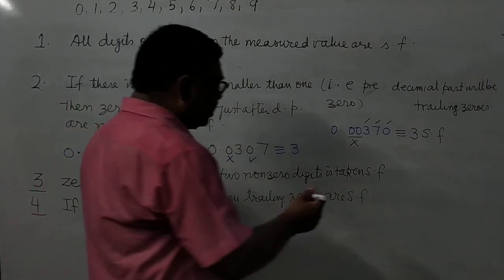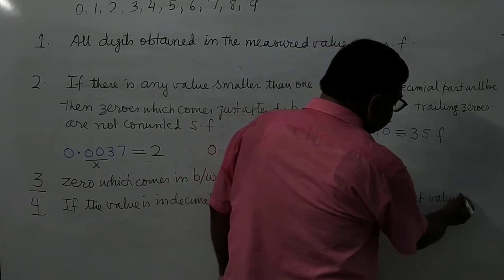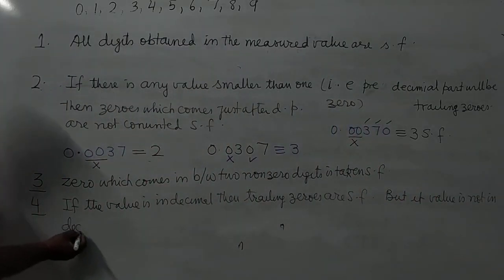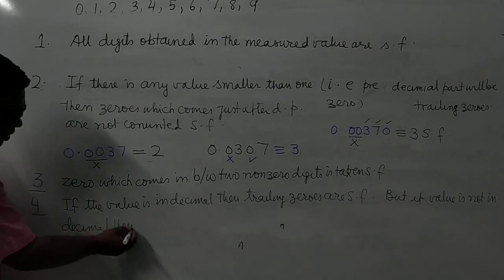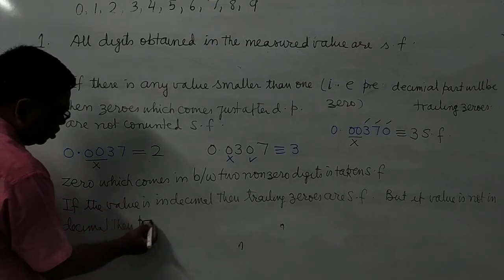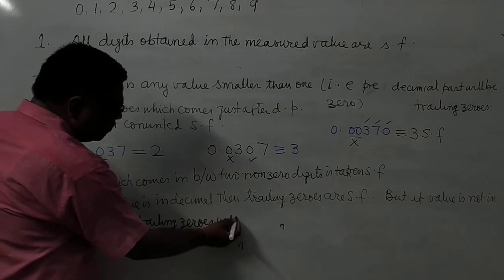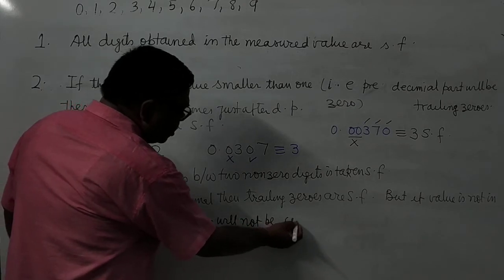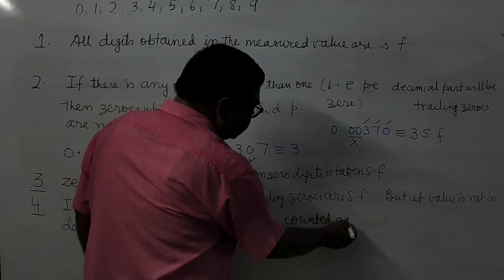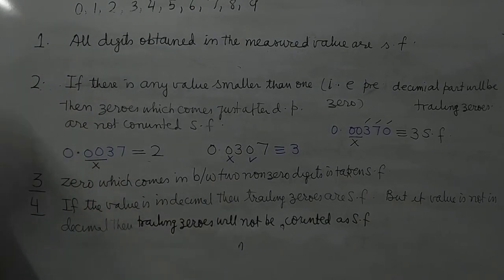But if the value is not in decimal, then trailing zeros will not be counted as significant figures. It's clear? Will not be counted as significant figures.